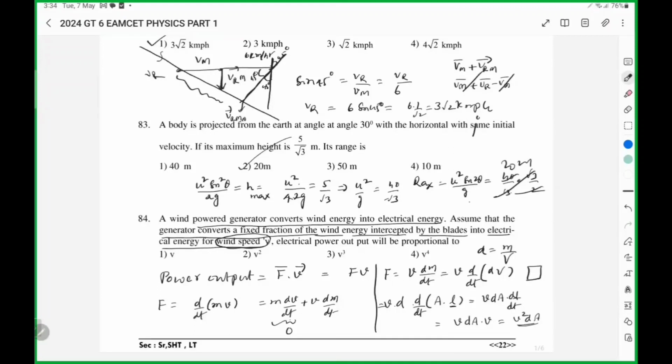This is the force. Power will be Fv, that is rho A v cube, so power is proportional to v cube.